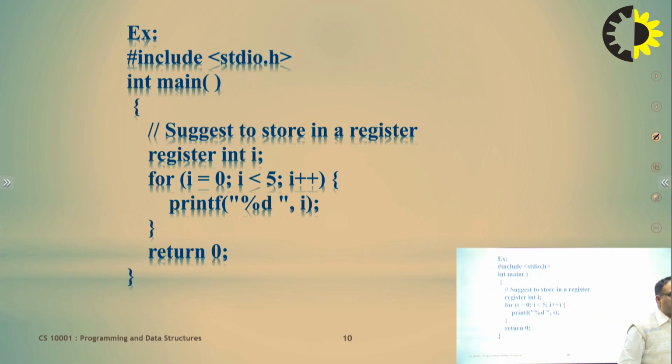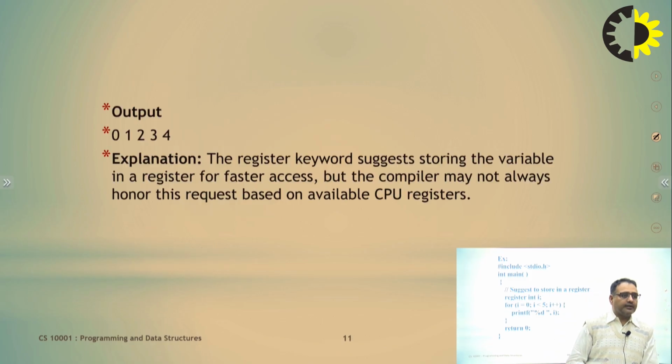In this example, you can understand: register int i; for i equal to 0, i less than 5, i plus plus, print i. If you want to declare a variable as a register, you mention the keyword register before the data type, that is int, char, float, double, structure or union, like that.